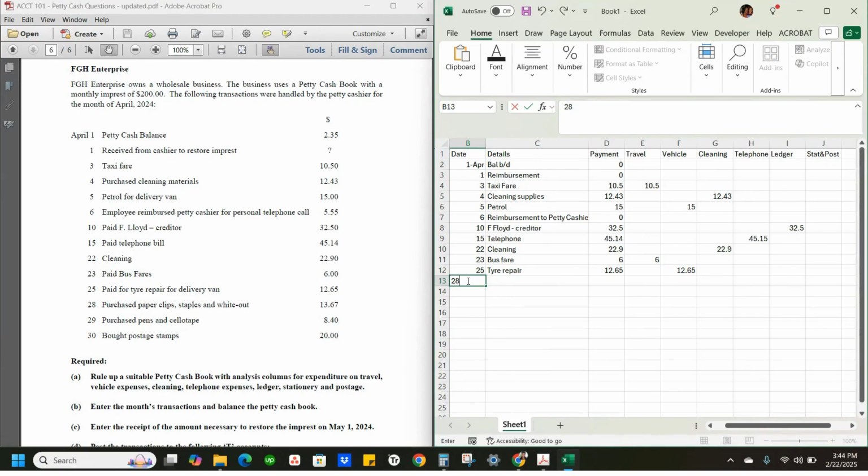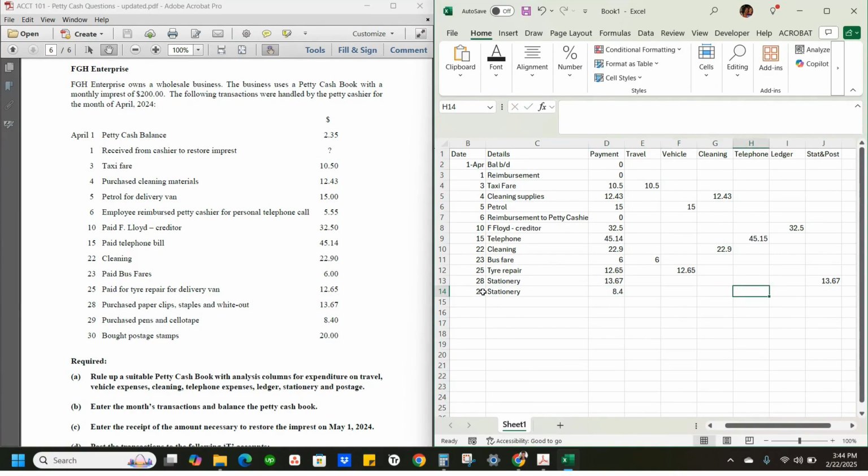On the 28th, we purchased paper clips, staples, and whiteout. So that sounds like stationery. So we can just type that there. And that was for $13.67. We head over to that stationery column and we enter that amount there. On the 29th, we have purchase for pens.